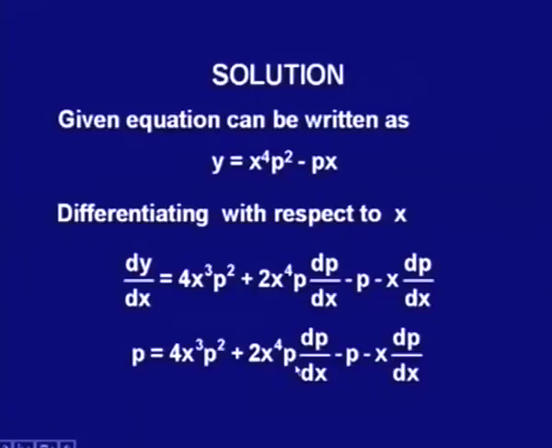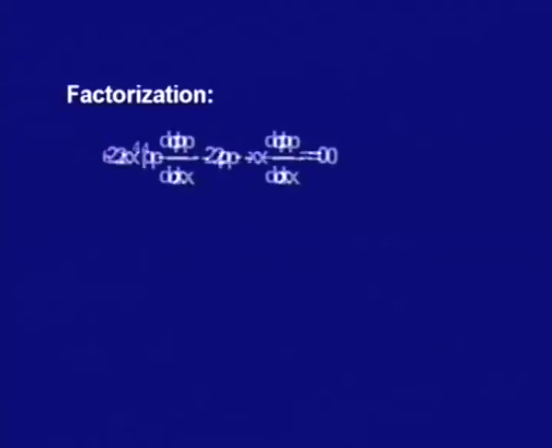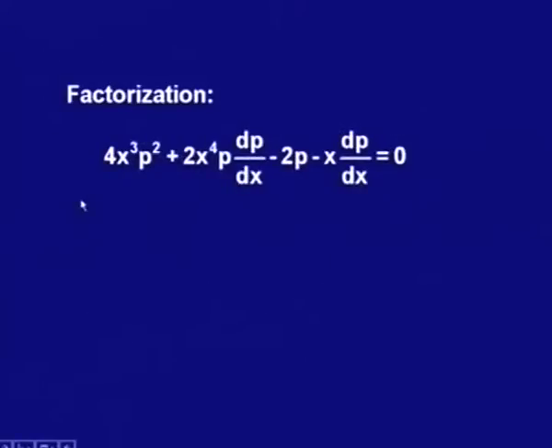Now, again rewriting it and factorizing this one. What we are getting is the equation in p and x involving the term dp over dx, that is, we are again having a first order equation. Now we will factorize it. You see how we are going to factorize it.